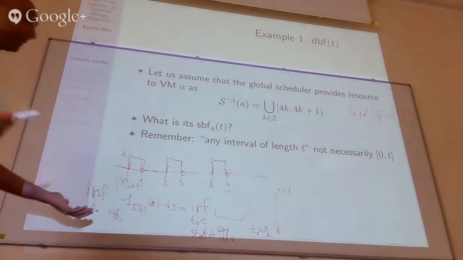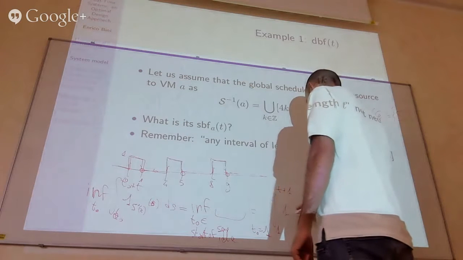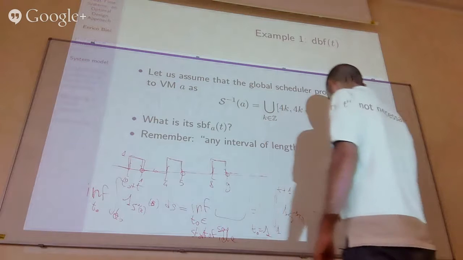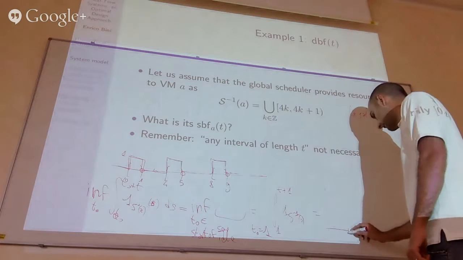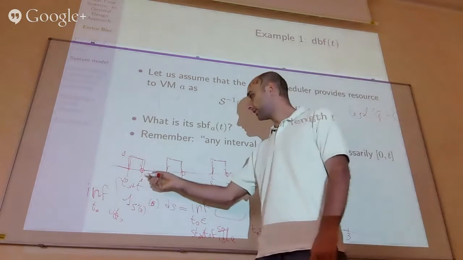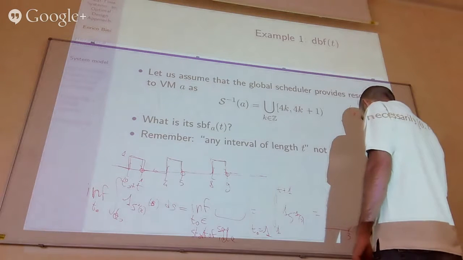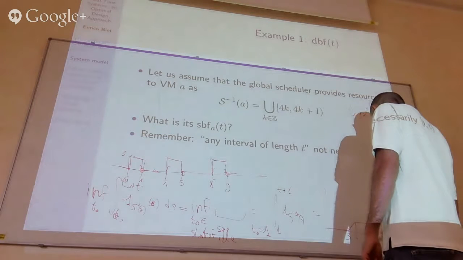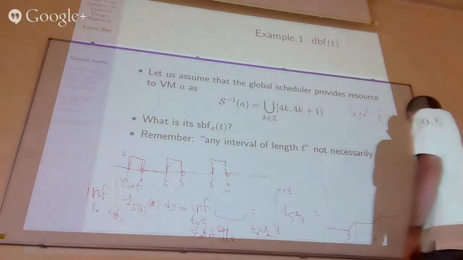What is the integral from 1 to T plus 1 of this indicator of S minus 1 of A? It is 0 until 3, because from here to here it's 0. Then it grows with slope 1 until 4. Then it is flat until 7, goes up to 8, and so on and so forth.